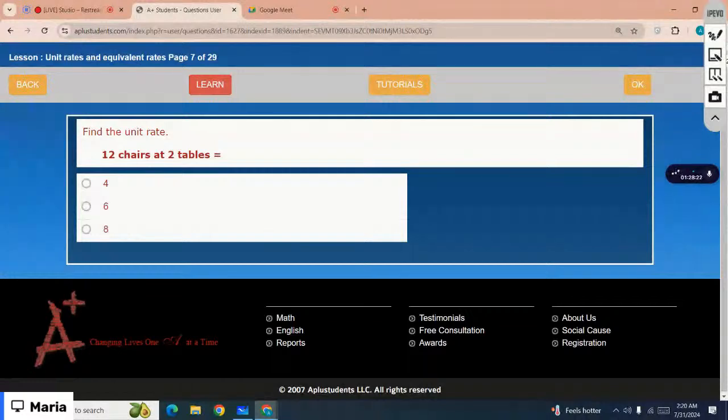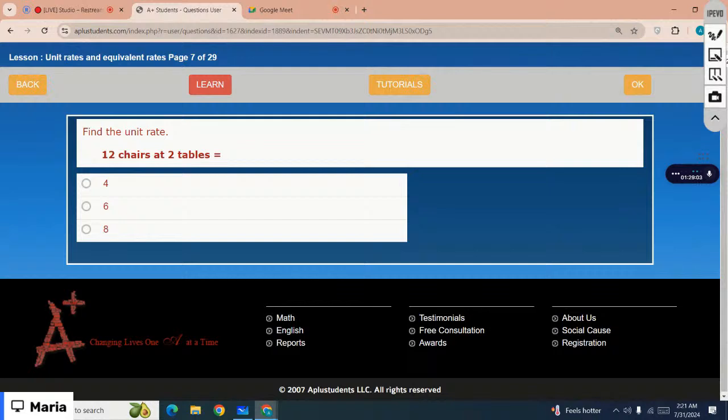So which is the correct option? Very good.